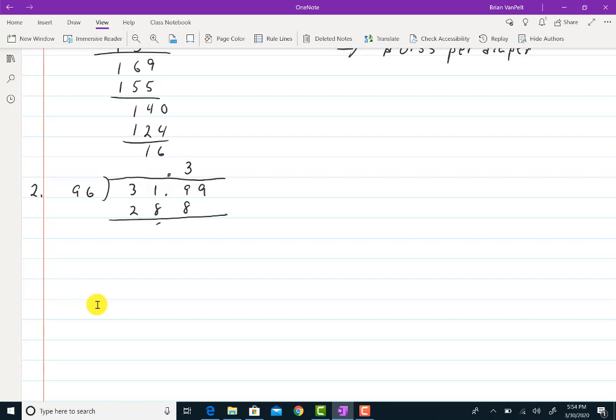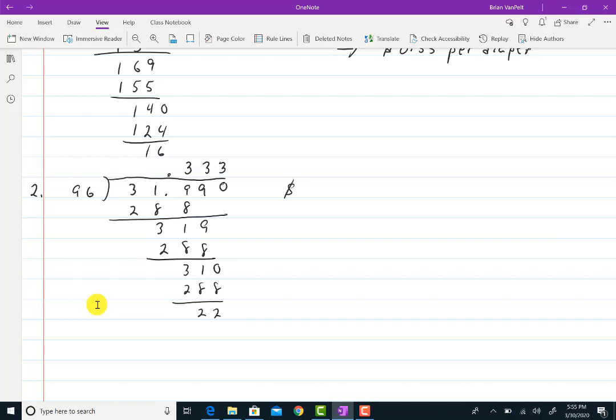And when I subtract, I get 31, and I can bring down a 9. Well, that's amazing. It's exactly the same thing again. I can multiply again by 3, and I get 288, and I end up with 31. This time I don't get a 9 after it. I can bring down a 0, and 96 goes into 310 3 times again. And this time I'm left with a remainder of 22.